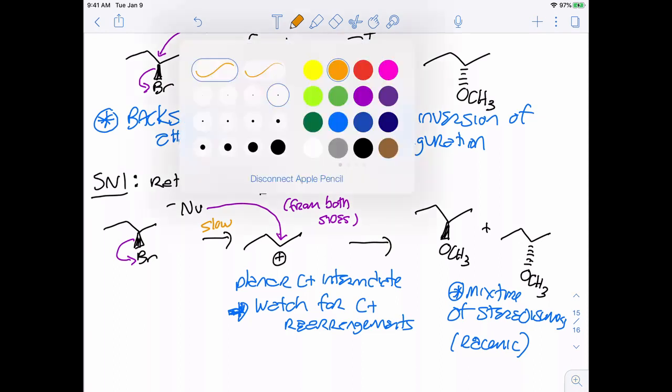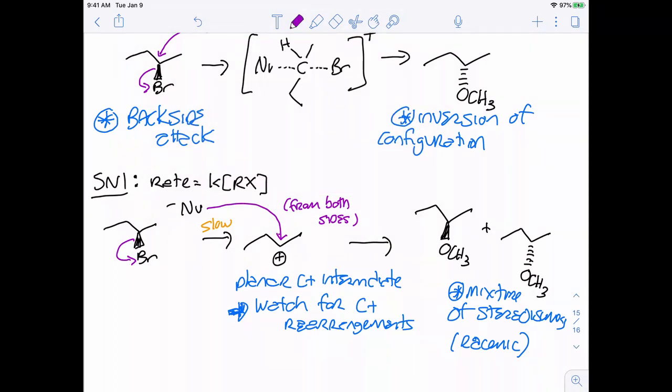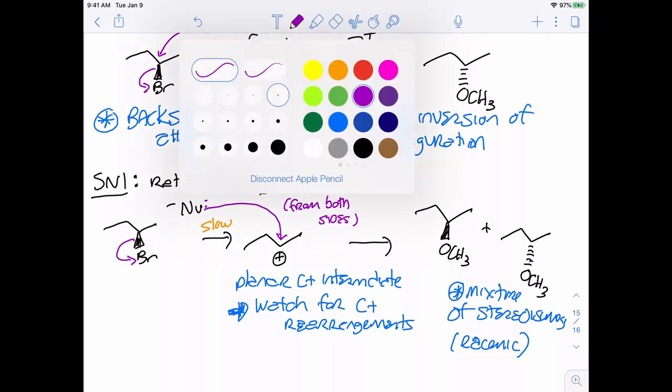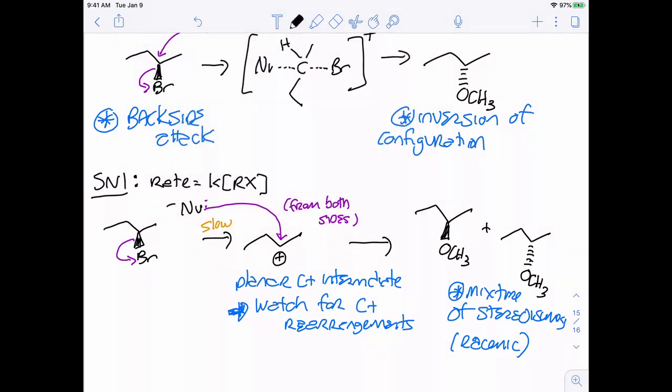That nucleophile, with its electrons, then attacks that partial positive carbon. Because that's planar, it can attack from both sides, giving me a mixture of stereoisomers. So the two mechanisms that we're responsible for. Do know, though, we did this towards the end of the last video, that often your nucleophile is neutral with SN1, so then you would have an extra step in that mechanism.